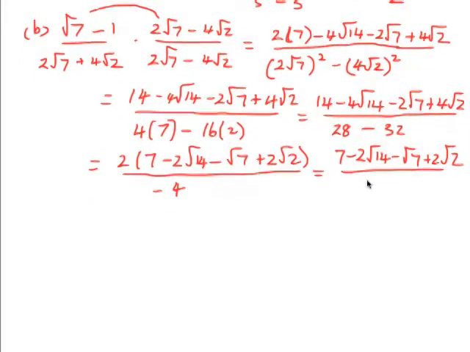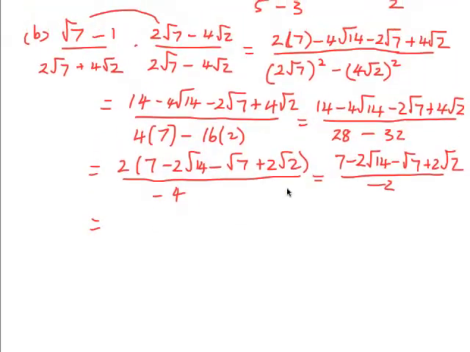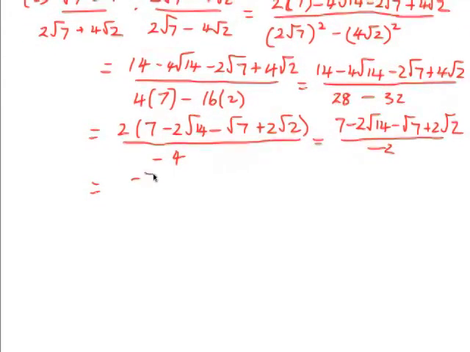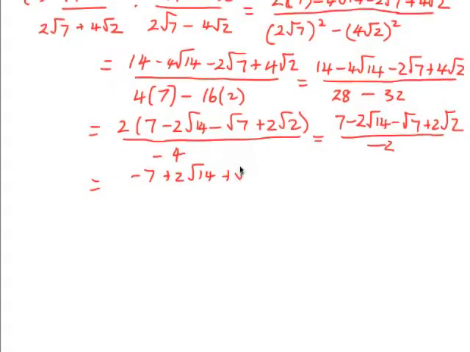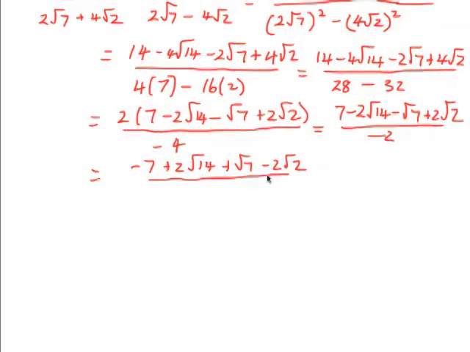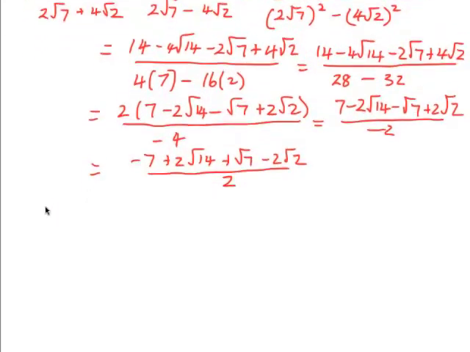And this is all on negative 2. Of course, the negative shouldn't be in the bottom, so I'm going to change all the signs in the top. And so I'll have a negative 7 plus a 2 root 14 plus a root 7 minus a 2 root 2, and this will all be on 2. Right, and that's how we simplify that.